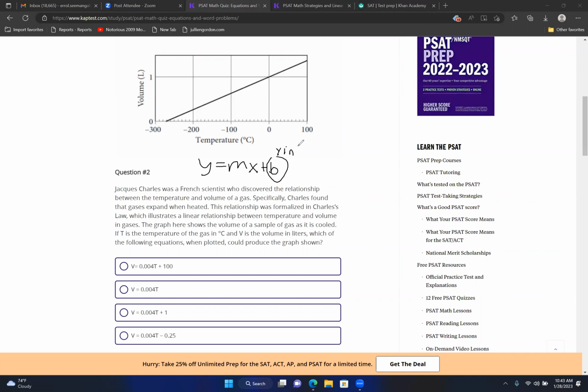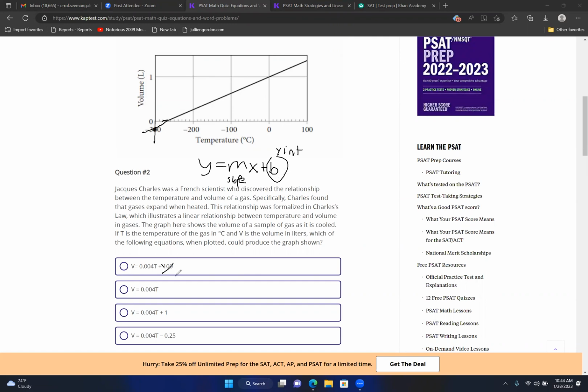B is the y-intercept, and m is the slope, right? So use that same setup for this graph. Ask yourself, if you were to extend this line, where would this line intersect the y-axis? What point approximately is that? That will be the number on the end here.